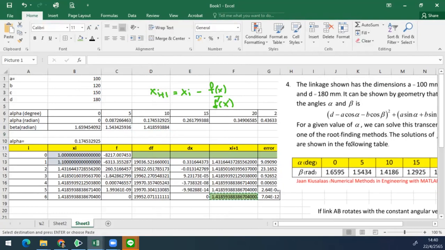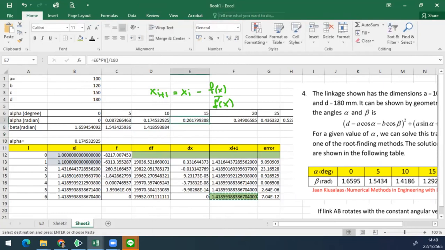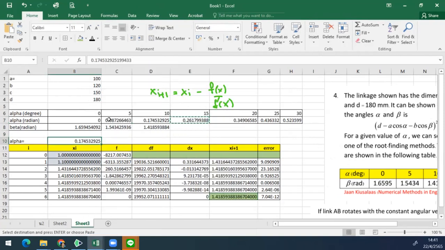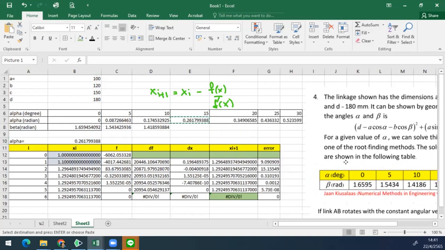Are you ready? We do the same thing for the next one. Okay, because the error is too small right now, 1.2925 should be this value. Okay, same.